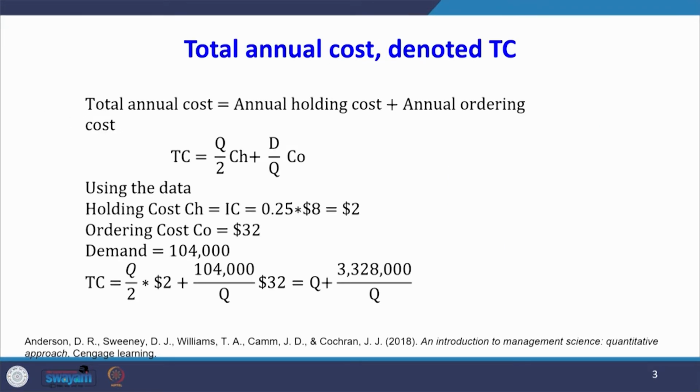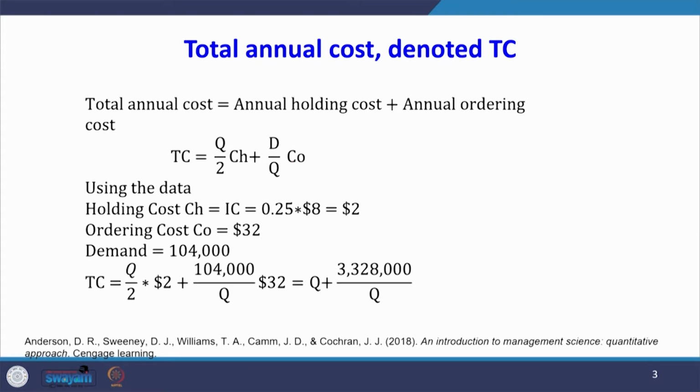First I will solve the EOQ model with the help of nonlinear programming. We know that the total annual cost is the sum of annual holding cost and annual ordering cost. What is the annual holding cost? It is the average inventory, Q upon 2, multiplied by holding cost, plus the number of orders multiplied by ordering cost.